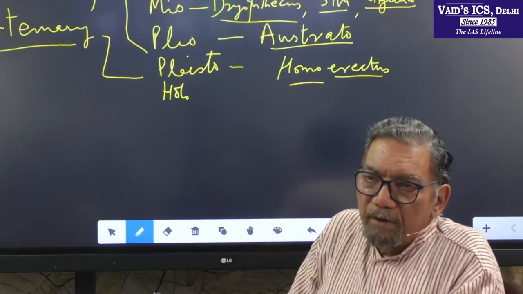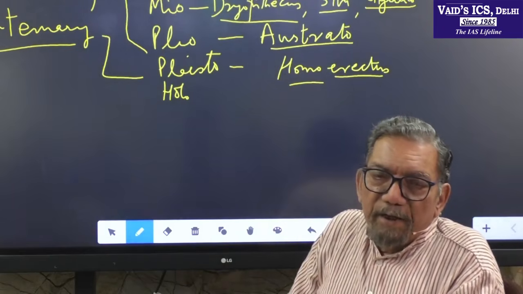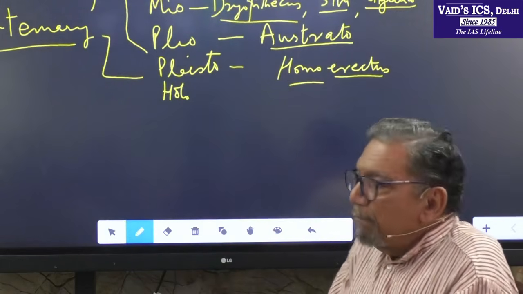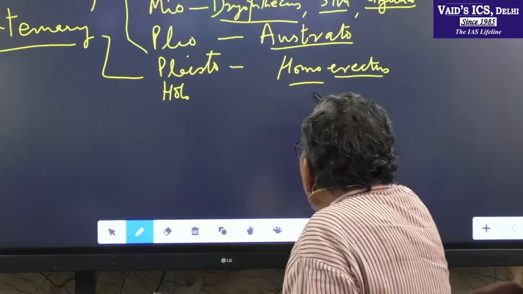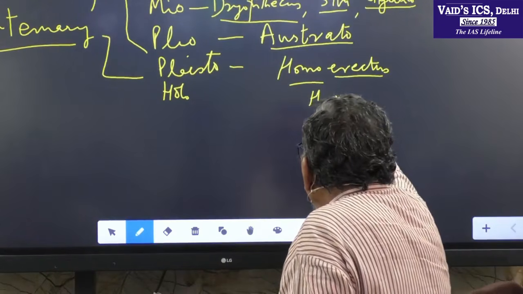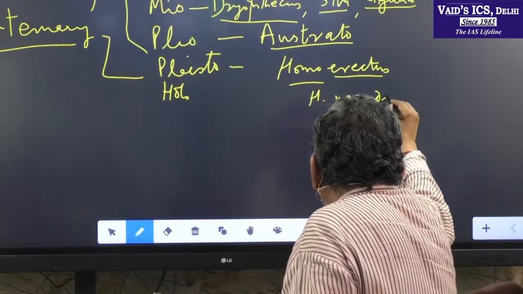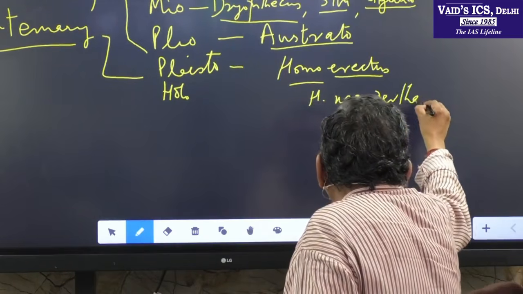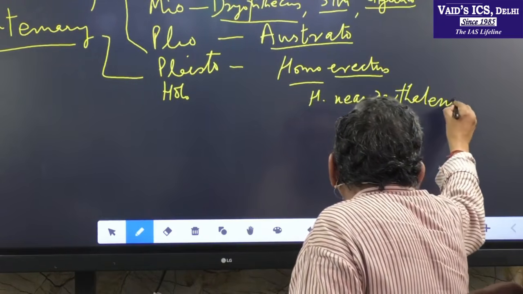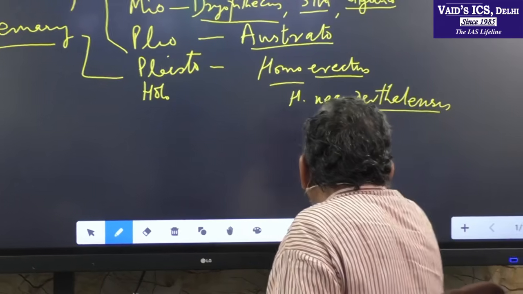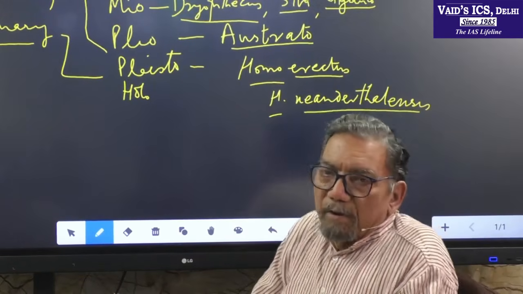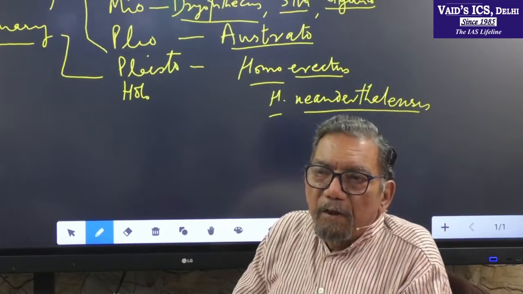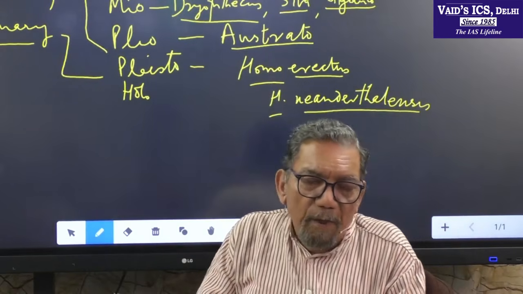Homo means man, erectus is erect. Then came Homo neanderthalensis. Homo neanderthalensis, the man of Neanderthal.